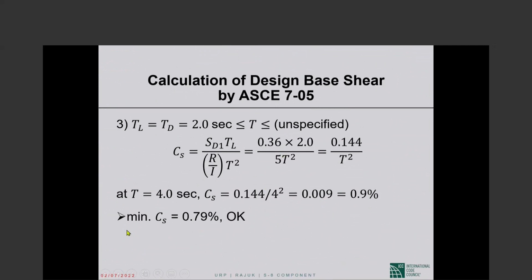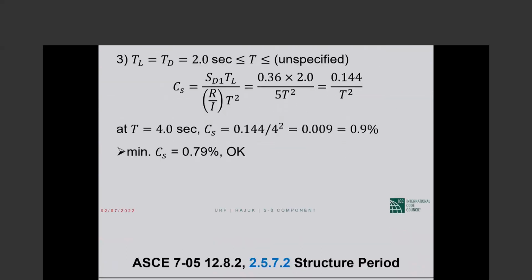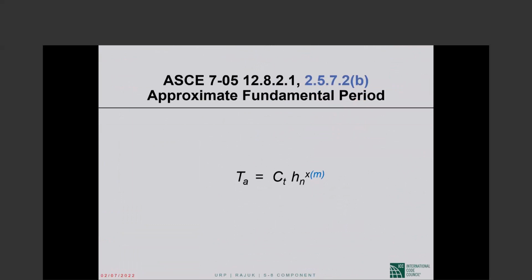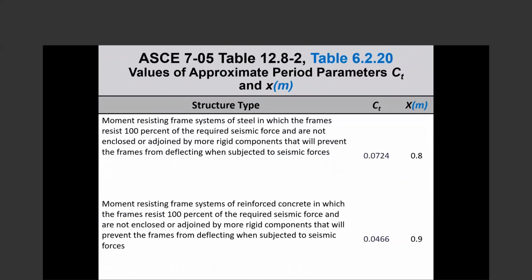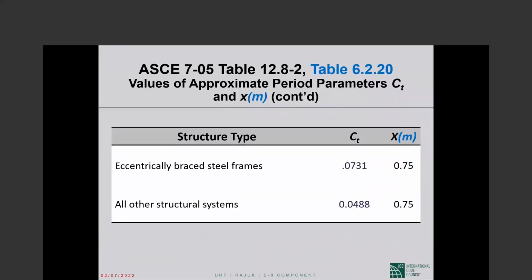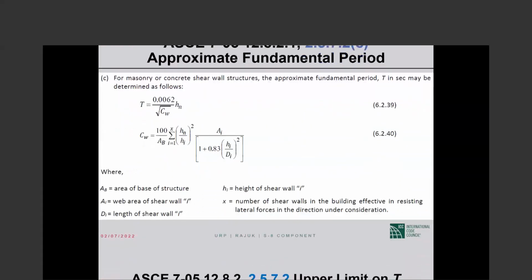Yesterday, there was a line which I deleted that said this 0.9% is slightly different from the 0.83% we had derived by BNBC 2020. Okay? So please note that with the correction, BNBC and ASCE 7 give you identical numbers as they should.